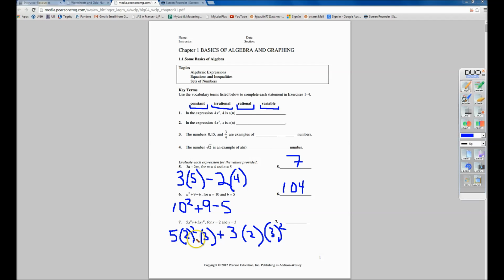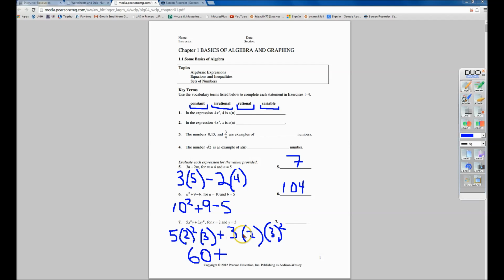So over here, we're going to square the 2 first. That is a 4. Then 5 times 4 is 20 times 3 is 60. Now here we're going to square the 9. I'm sorry, square the 3 to get a 9. 2 times 9 is 18.